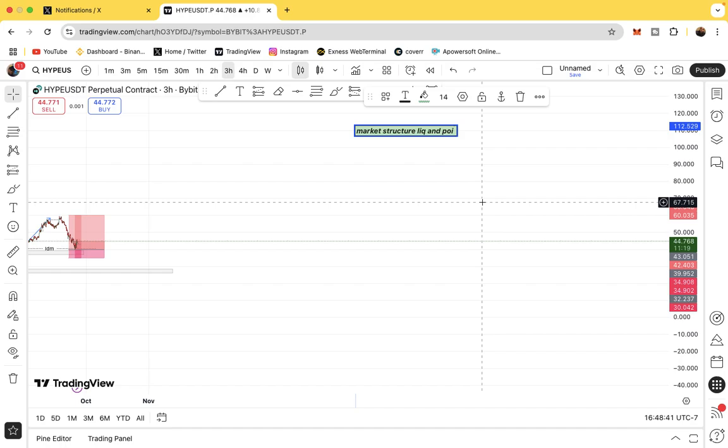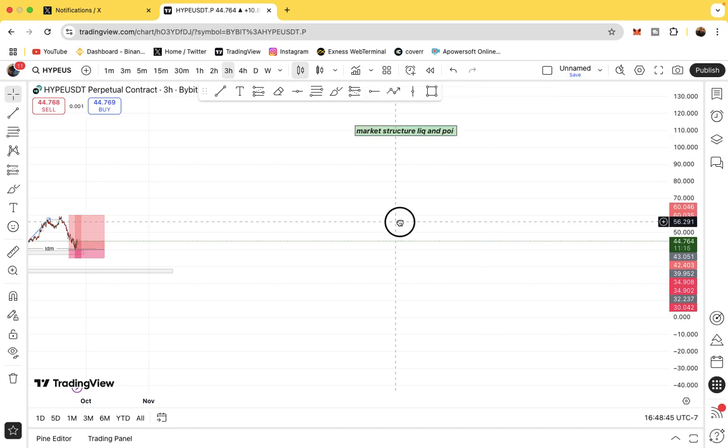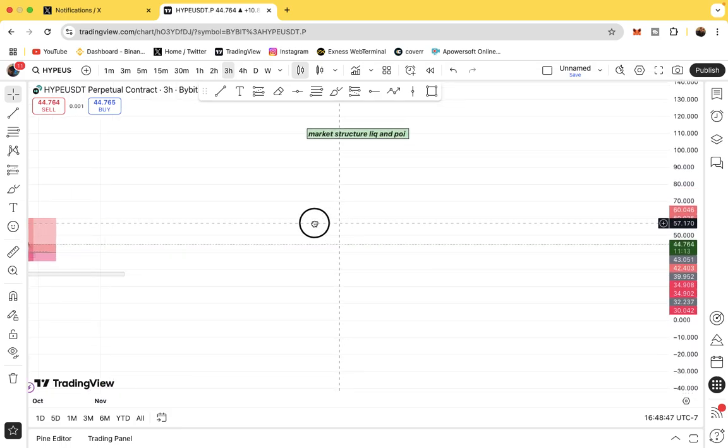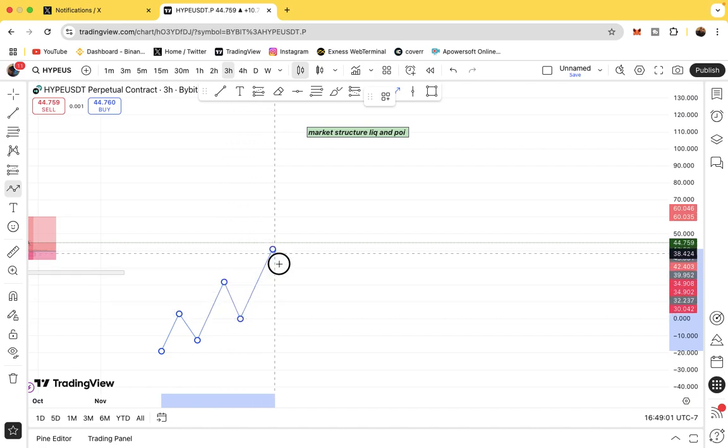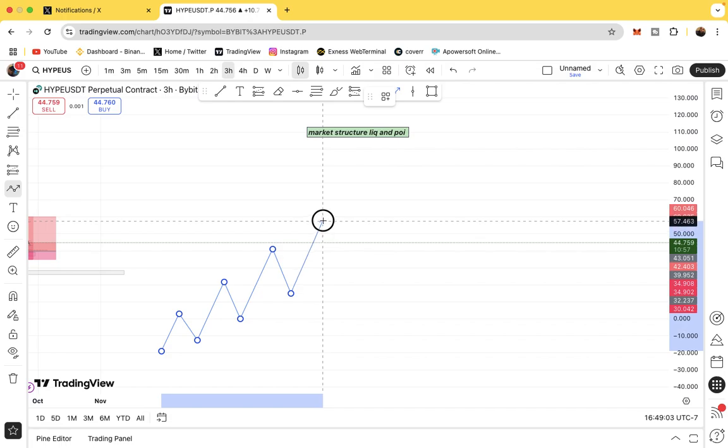So the market could either be trending to the upside or trending to the downside, or the market could be ranging. For an uptrending market, we said that an uptrending market creates series of highs and lows, higher highs and higher lows, just like this. And this has to be very clear where the direction is heading to an uptrend.